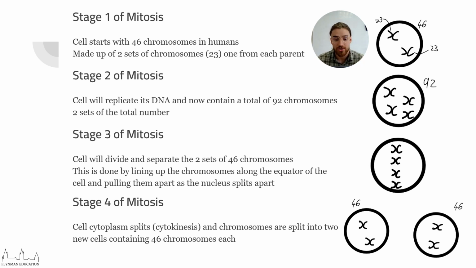So now you're going to have stage 4, the cell cytoplasm is going to split, called cytokinesis, and this is where those 46 chromosomes on either side of the cell are now going to become part of 2 genetically identical daughter cells. This process will then carry on as these cells grow and replicate again and again.